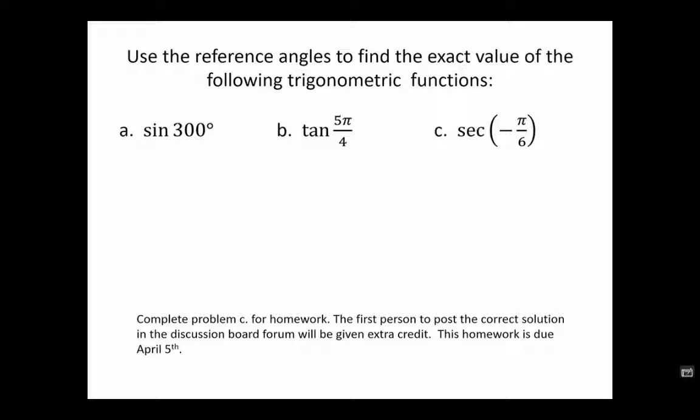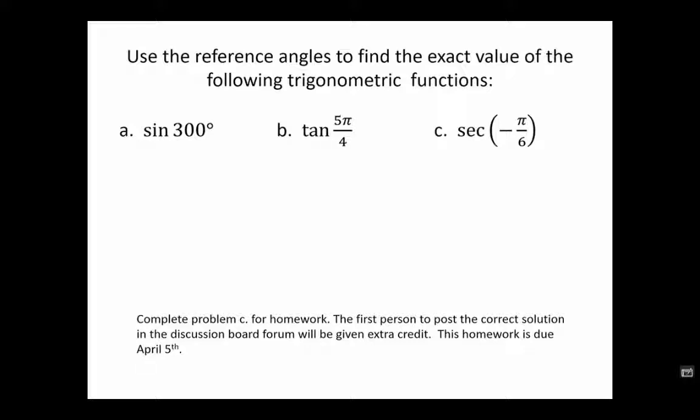In this example, we want to use the reference angle to find the exact value of the trigonometric function of a given angle. So in part A, we want to use the reference angle to find the value of the sine of 300 degrees.